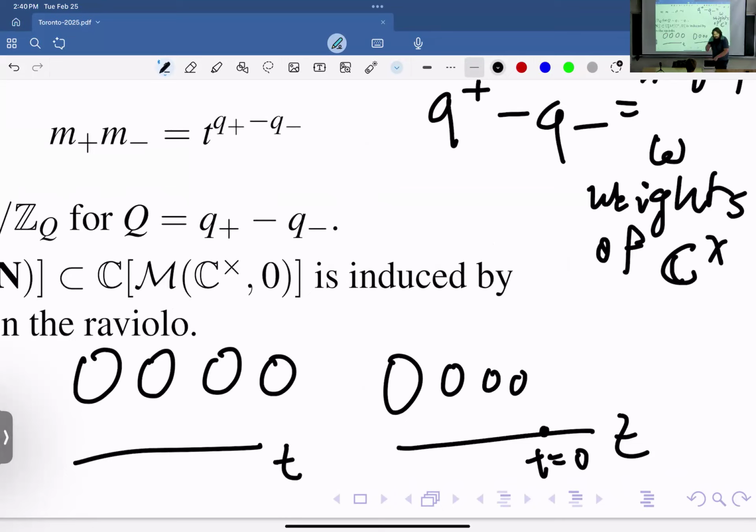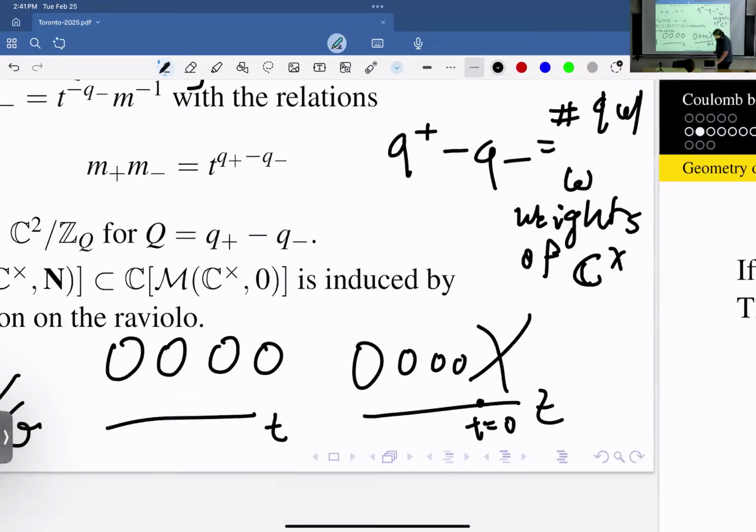I get the union of the two coordinate axes, right? Think about if Q is 1, I'm getting the map from C2 to C, which is the product of the coordinates. So if the product is non-zero, I get a copy of C star. And then over this exceptional fiber, I get two components.